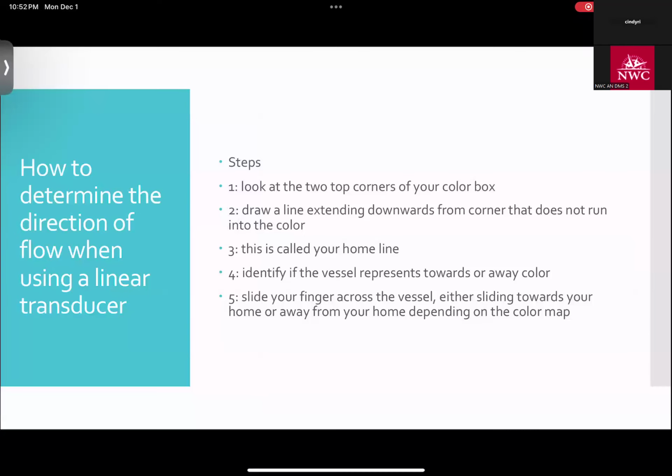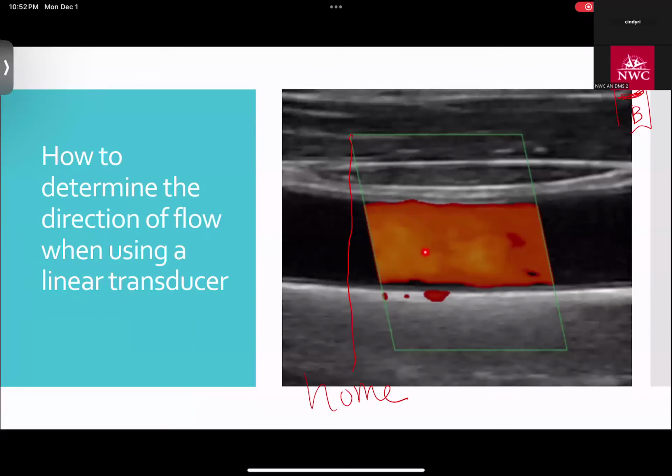So let's see what it says next. Slide your finger across the vessel, either sliding towards your home or away from your home, depending on the color map. So if this vessel is red, I just have to look on my color map and determine what red is. In this case, red is on the top of my color scheme, so red represents the towards color.